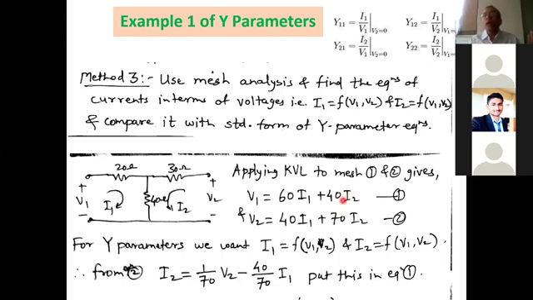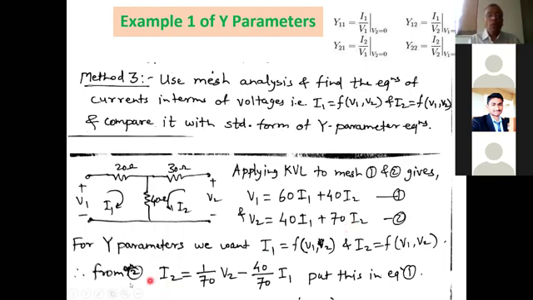So you will get the two equations which are the desired ones. So the simple way is you find the value of I1 once from equation 2, substitute it in equation 1, then find the value of I2 the second time and substitute it in equation 1. You will get two different equations of V1 and V2 in terms of I1 and I2.